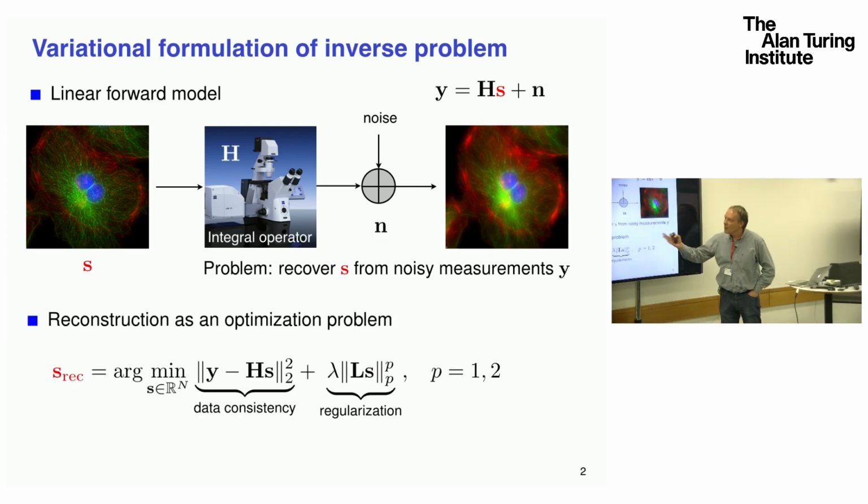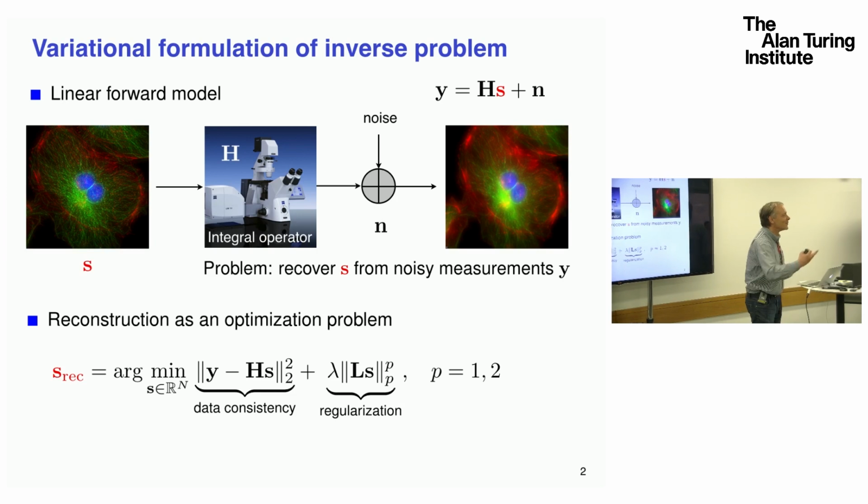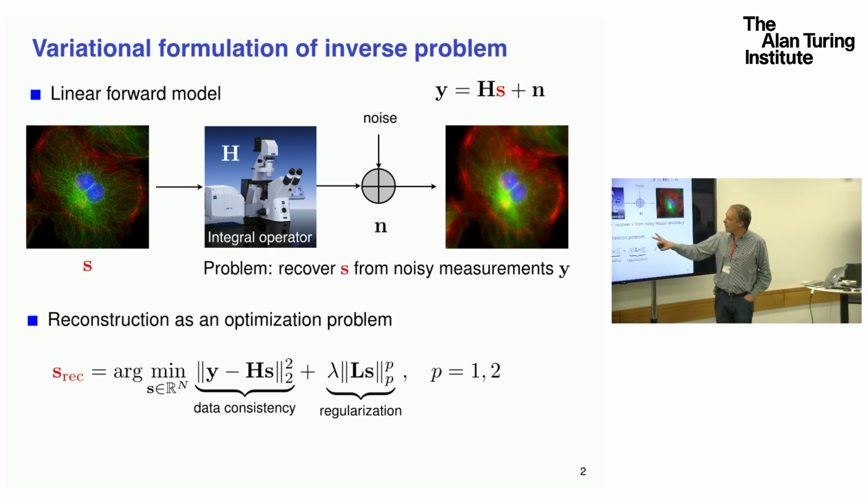So now given the measurement, you want to recover the unknown S. The way we, at least for many years, have formulated this kind of problem: in the 20th century, we were formulating it like that with a 2 here. And then as we moved on to compressed sensing, it became clear that it's better to put a 1. But either way, the idea is that if you minimize that, what you have here is a consistency term.